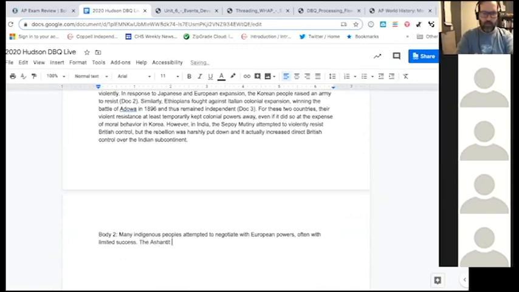The Ashanti people of West Africa attempted to deny the British, which would, and again, this isn't in the document.